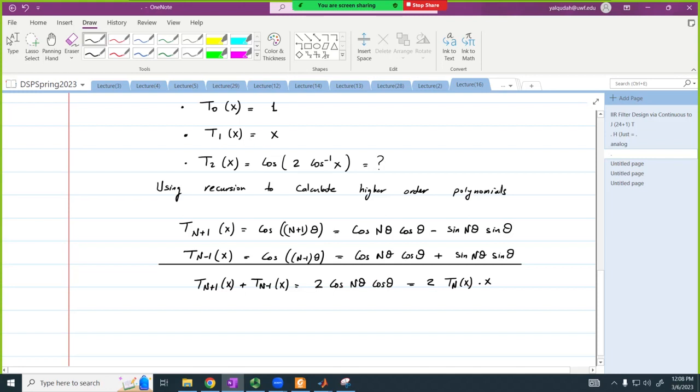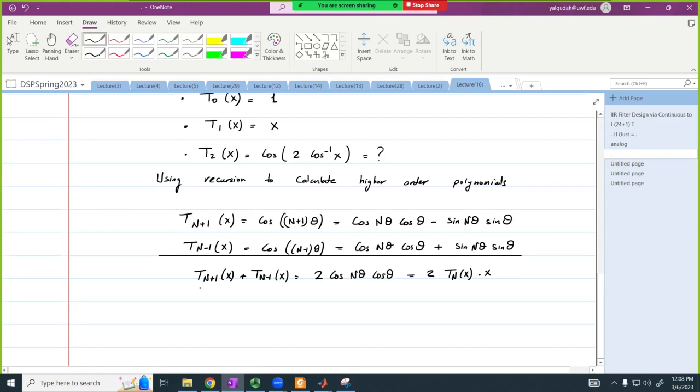Agree? Everybody? Cosine n theta is Tn, and cosine theta is x. Therefore, we can say that Tn plus 1 of x is equal to 2 multiplied by Tn of x multiplied by x minus Tn minus 1 of x.